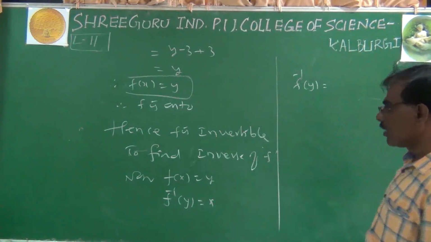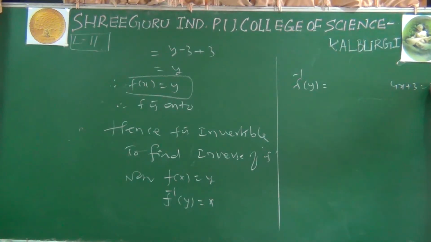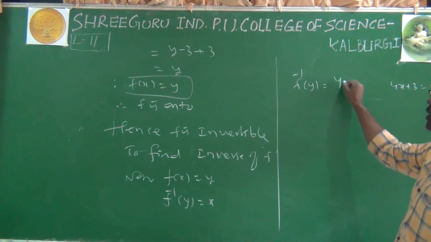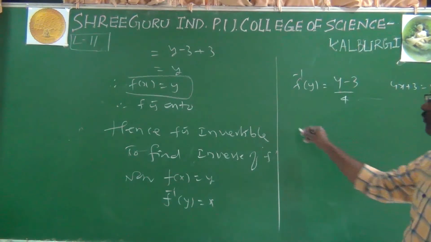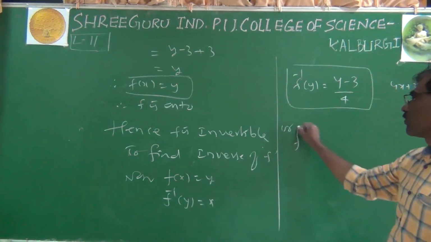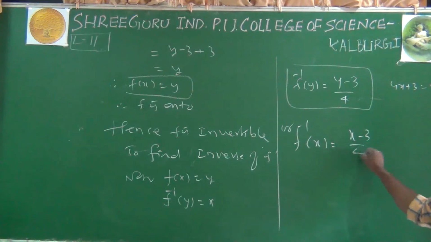What is the x value? 4x plus 3 equal to y, so the x value is y minus 3 by 4. So this is f inverse of x equal to x minus 3 by 4.